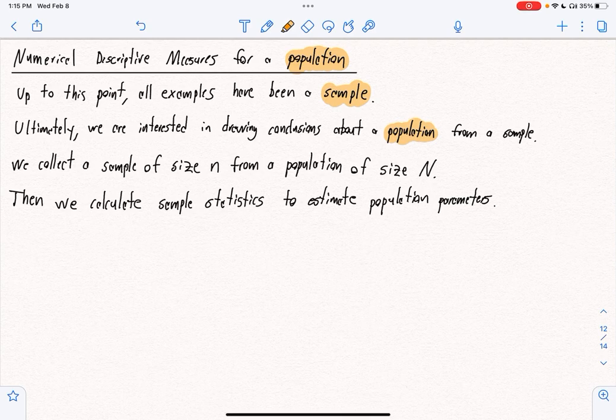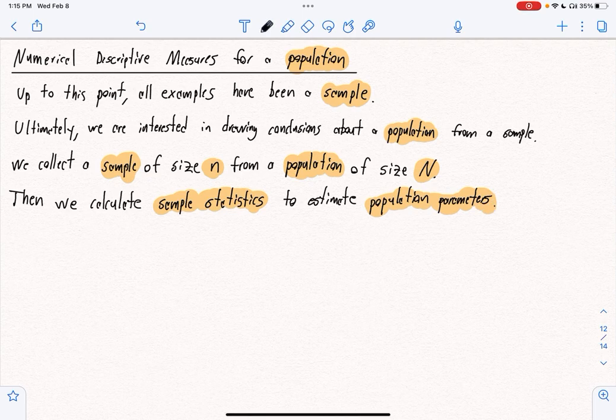So the idea here is that we go out, we collect a sample of size little n, from a population of size big N. And then we calculate sample statistics, so our sample mean, sample variance, sample standard deviation, to estimate the true population parameters.